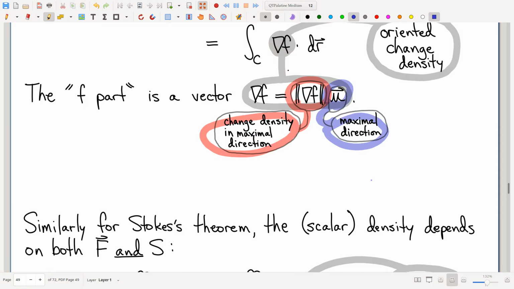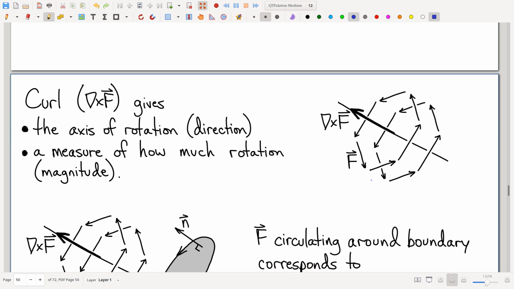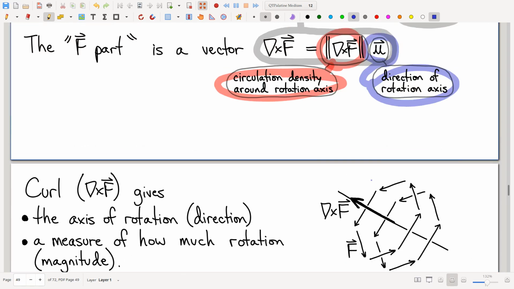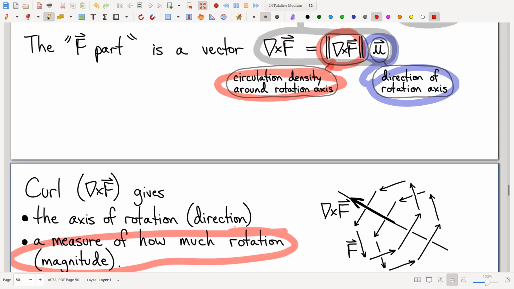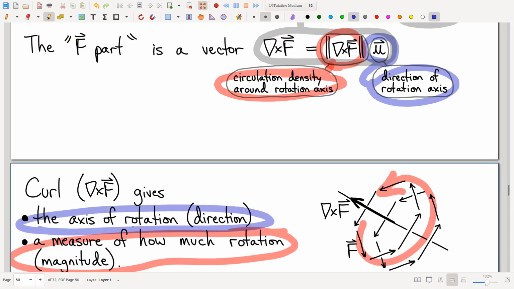So let's draw some pictures. And by the way, I'm just elaborating on what I wrote down here. The magnitude tells you, in some sense, how powerful the rotation is, and the direction tells you around what axis is that rotation happening. Everybody see what I'm talking about there, geometrically? The picture makes sense?